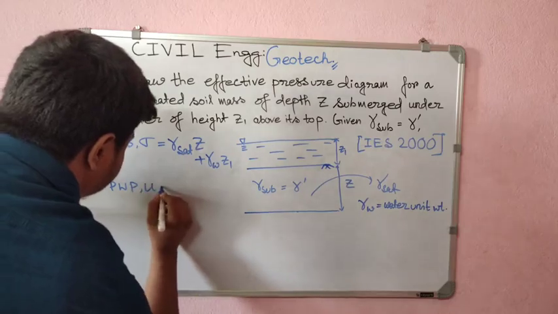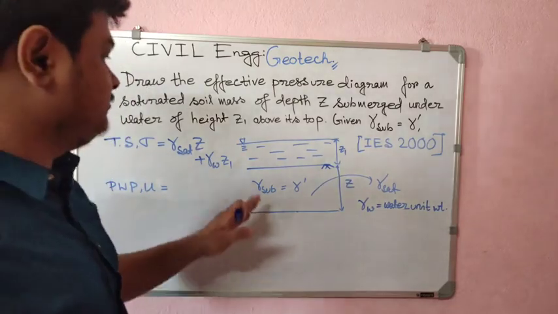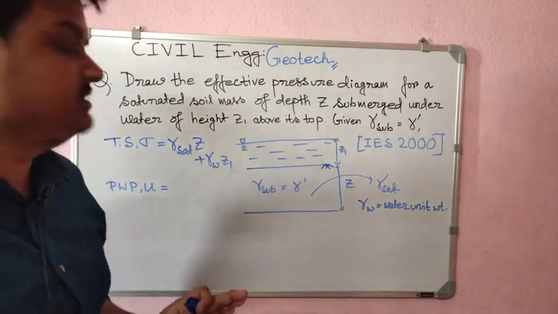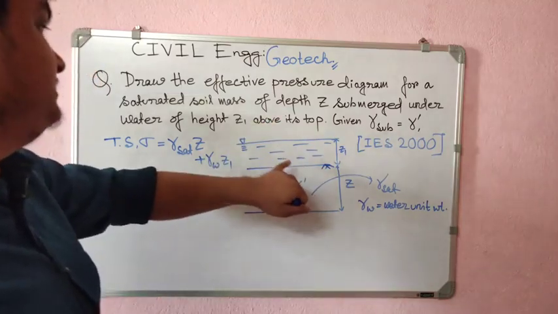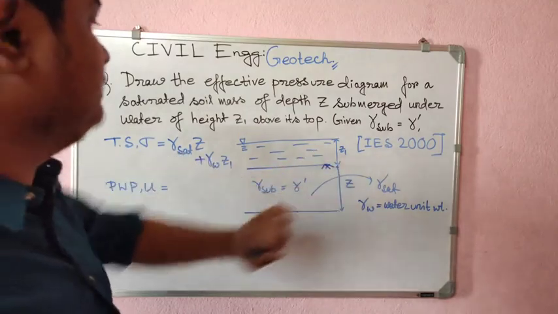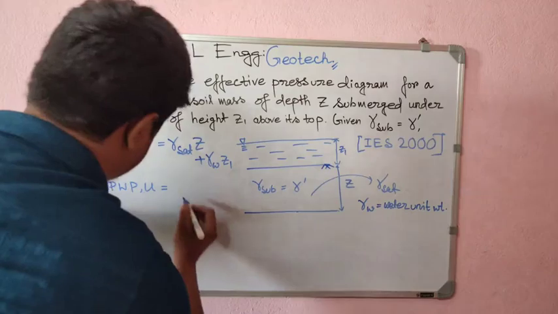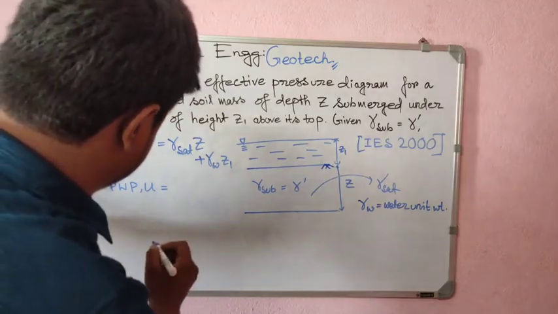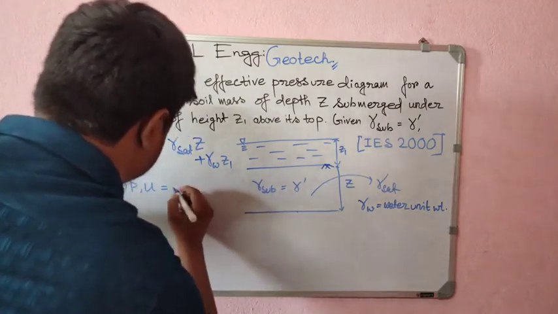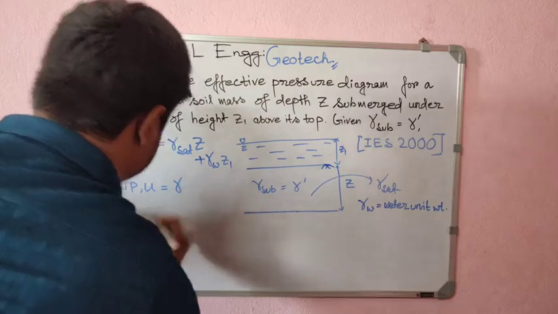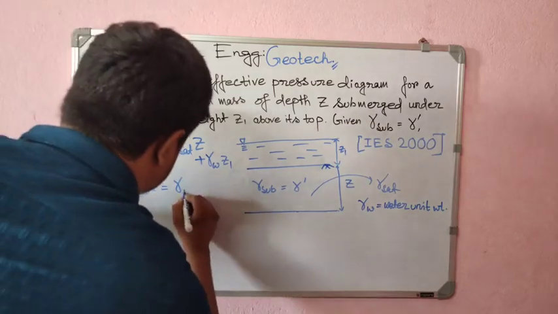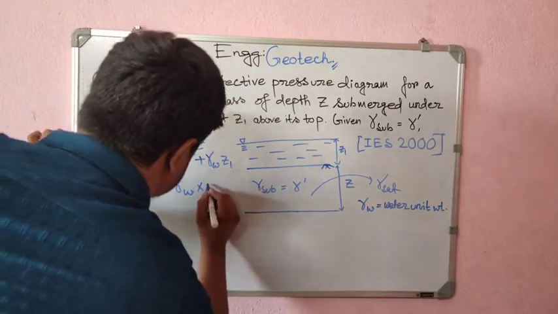that is u is equal to, so for the pore water pressure we know that it is just the hydrostatic pressure. So the total water level is gamma w into z1, gamma w into z.